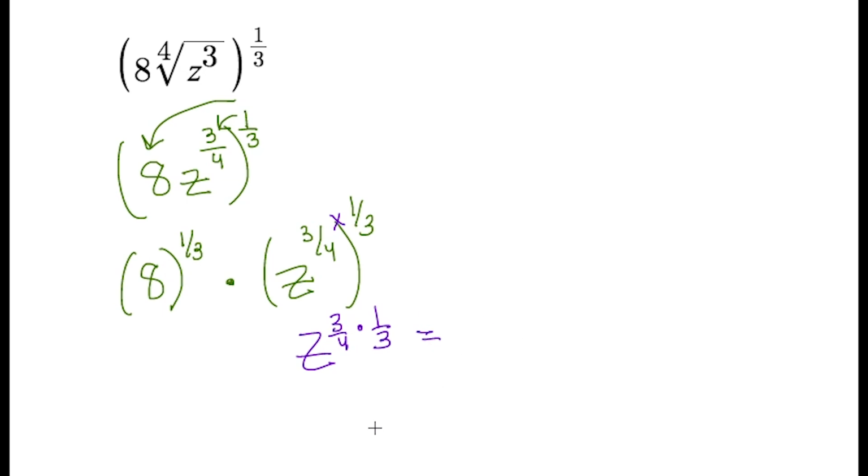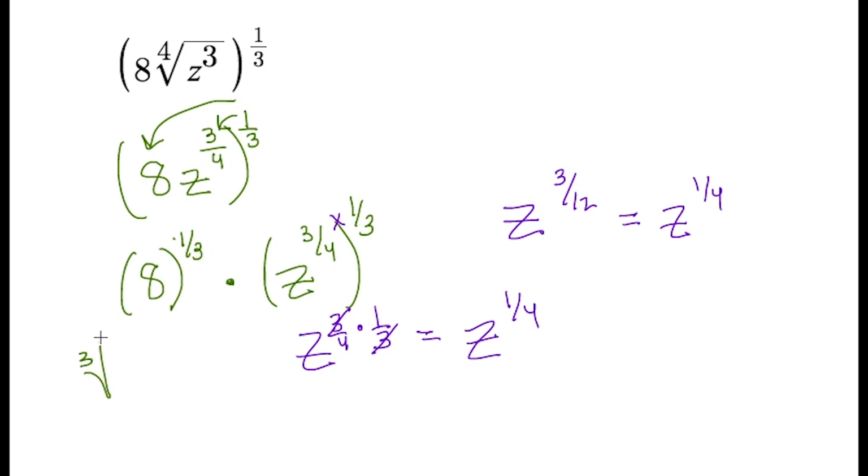So we can either say z to the 3/12 and then divide both of those numbers by 3, or simplify those 3's and simply get to the final answer for my exponent of z. Now here, 1/3 is equivalent to the cube root. And the cube root of 8 is 2. So your final answer will be 2 times z to the 1/4 power.